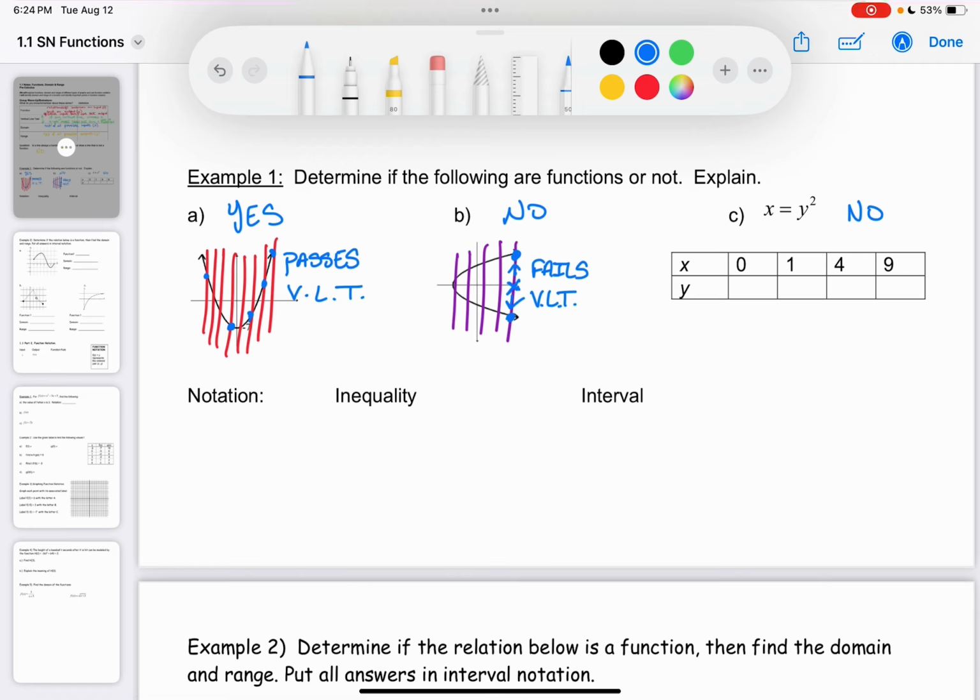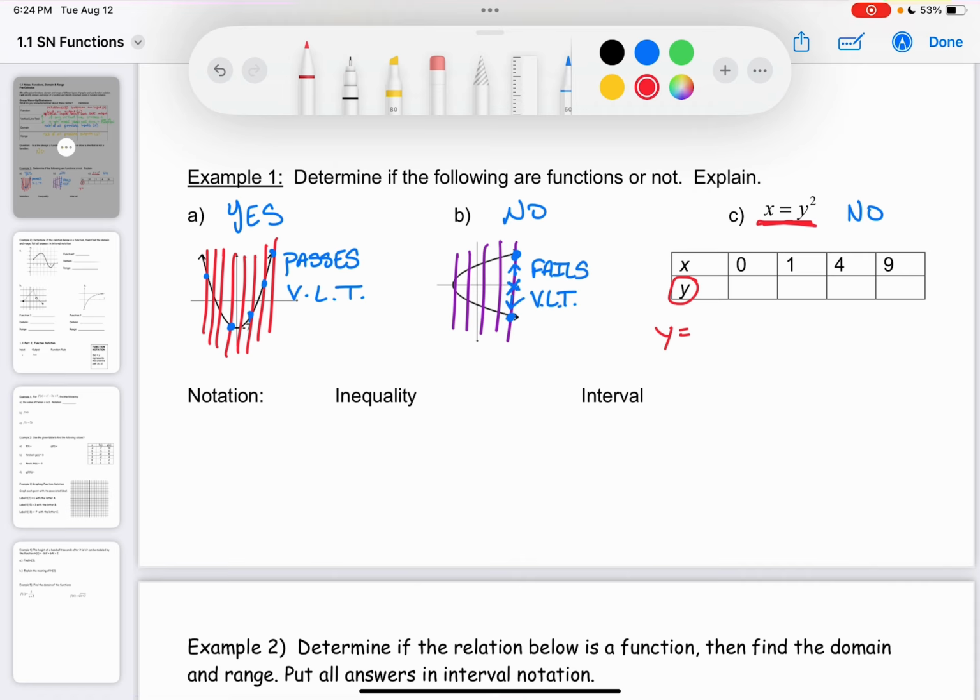And then lastly, x equals y squared. When we use a function, or when we're solving for y, we want to get our equation into y equals.